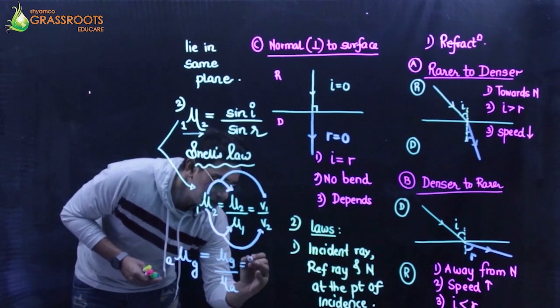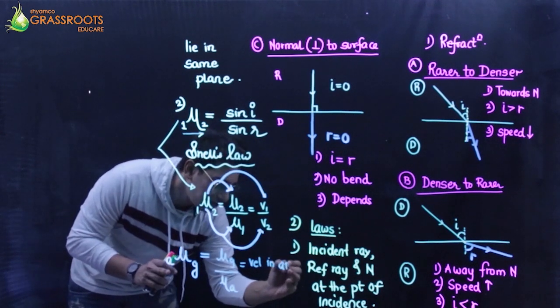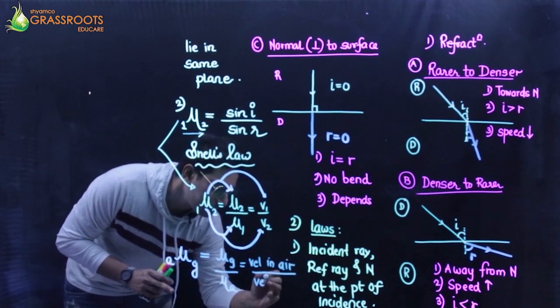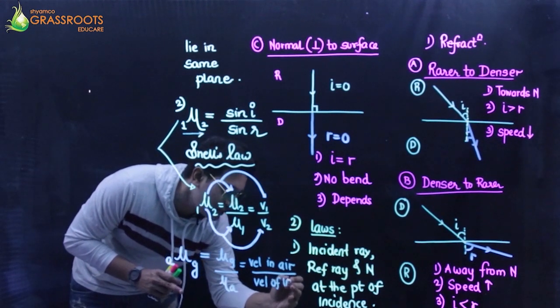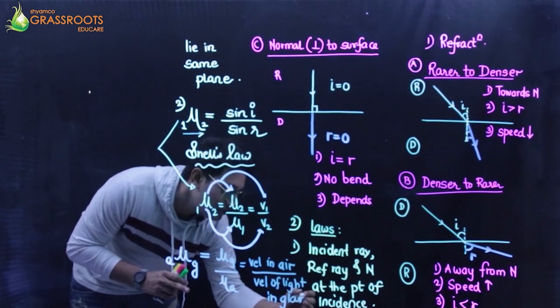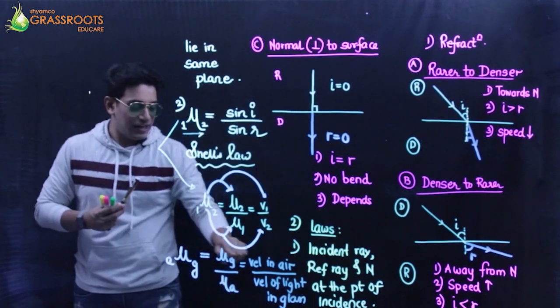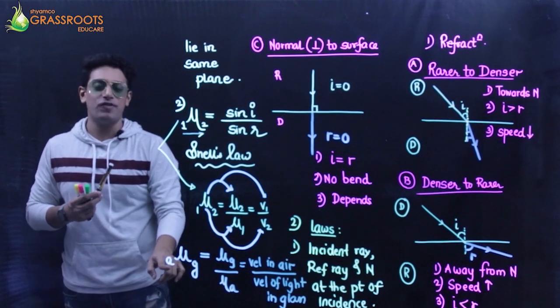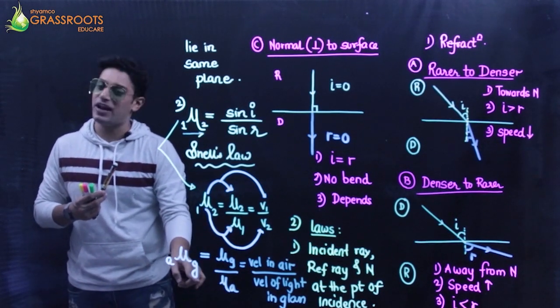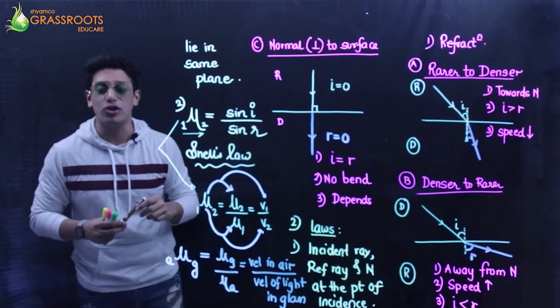Another formula is velocity of light in air upon velocity of light in glass. So in terms of velocity, it goes straight: velocity of light in air to the velocity of light in glass. That's the ratio. But if you're talking in terms of mu, it is the other way around.